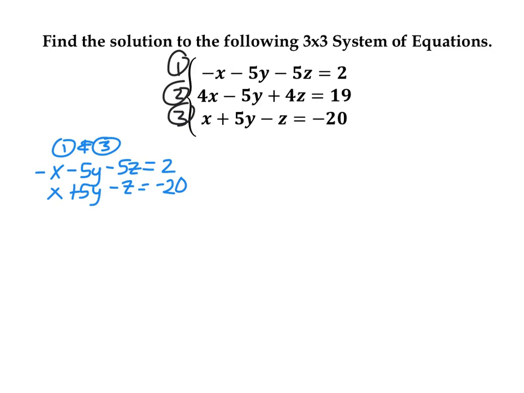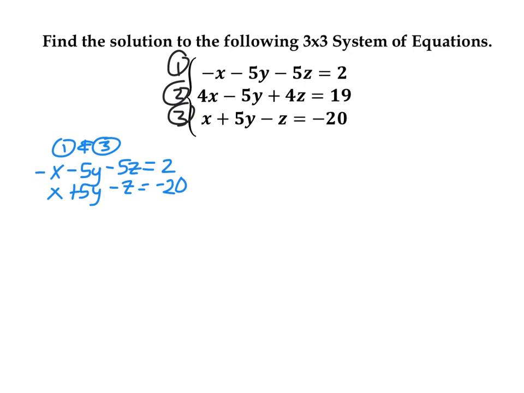Now remember, our purpose here is to cancel these x's. Since they're opposite signs, what do we need to do so that they cancel each other? Do I subtract them or add them? Anytime they're opposite signs, you're going to want to add, because the additive inverse is going to give you 0. Negative 1 plus 1 cancels to 0.